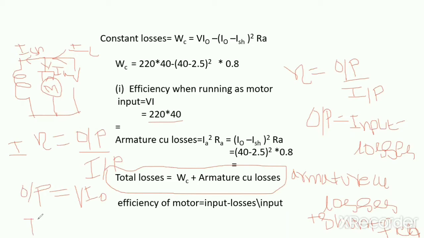Then we determine the input. What is the input formula? Output plus losses. What is the formula for losses? Constant losses plus armature copper losses. What is the constant losses? That is WC plus armature copper losses.